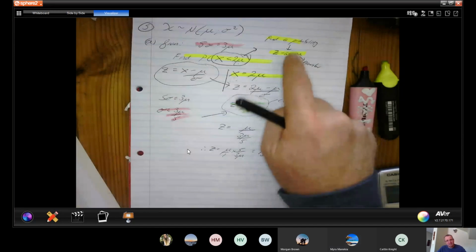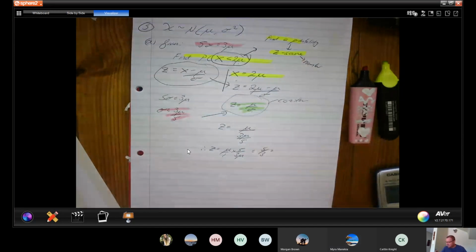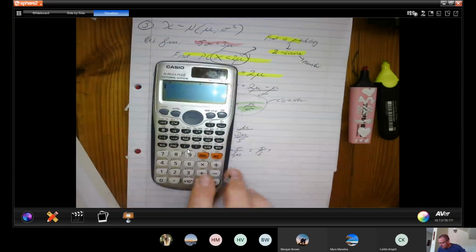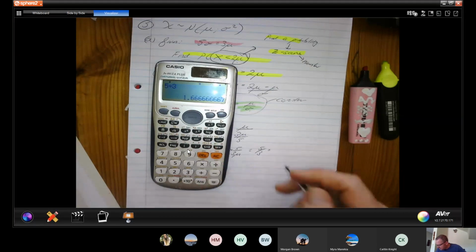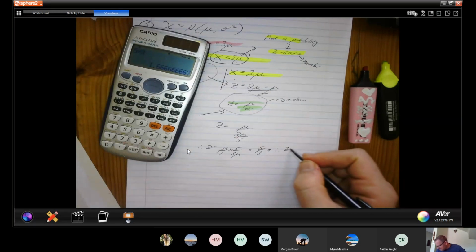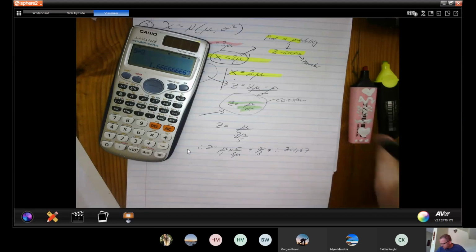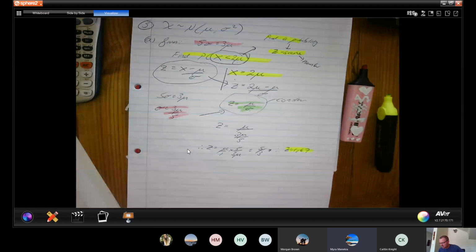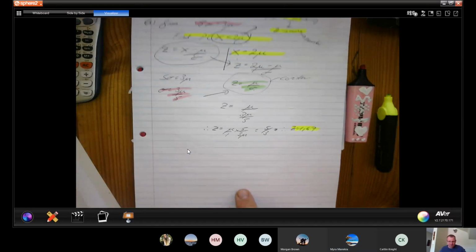Because in order to find a probability, I've got to get a Z score. But our table doesn't work with fractions, it works with decimals. So 5 divided by 3 to 2 decimal places gives 1,67. Right, so now I've got a Z score.